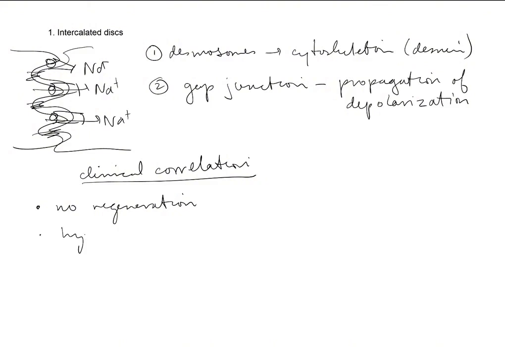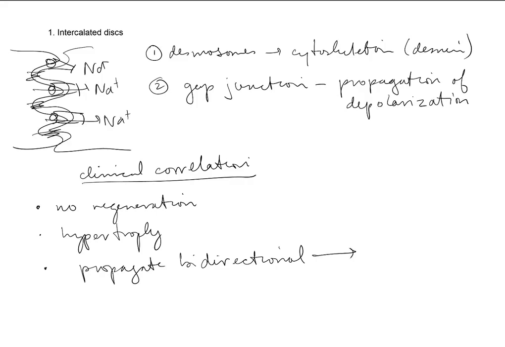These cells, when they need to increase their output, do this by getting bigger through hypertrophy, not hyperplasia by increasing their numbers. And then the last is to think about the gap junctions, because the gap junctions can propagate both directions. This can cause reverse flow of the signal and is one of the causes of cardiac arrhythmias.